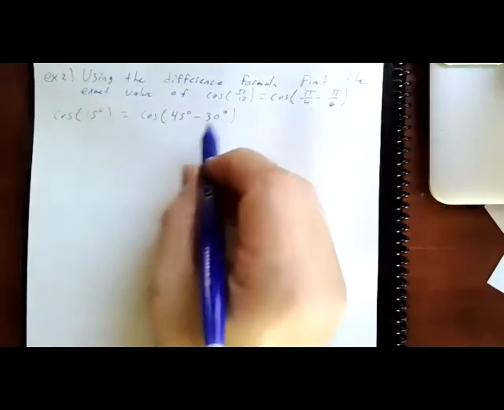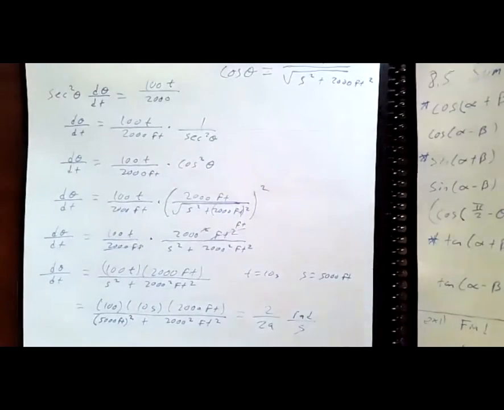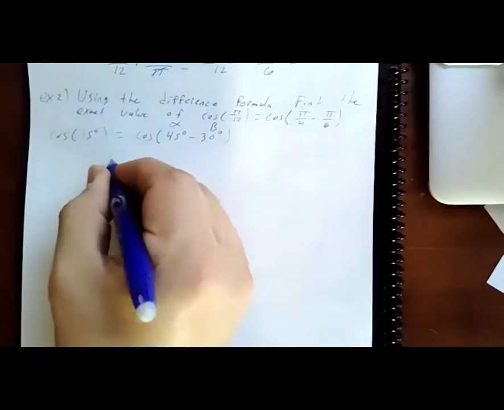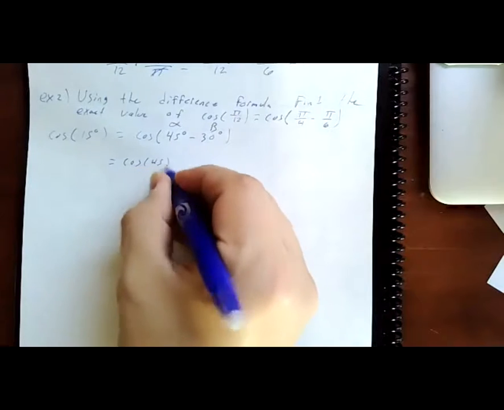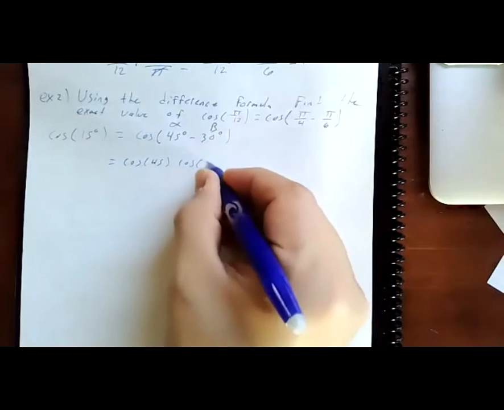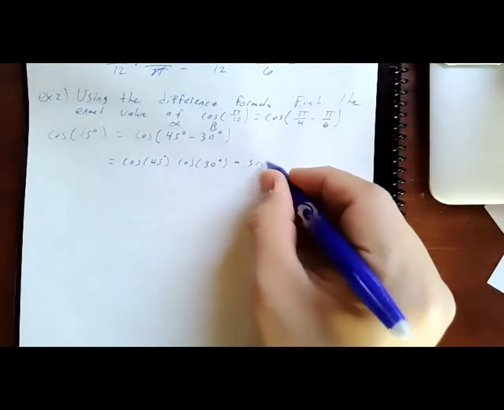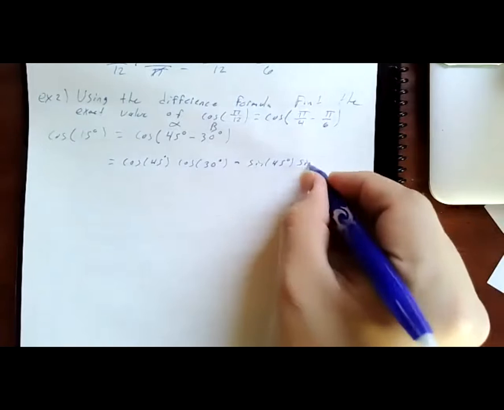So use our formula here. The difference is number 2, I think. It's going to be cosine, cosine, sine, sine, with a plus in the middle. Okay. So alpha and beta. So this will become cosine of alpha, cosine of beta, minus sine of alpha sine of beta.